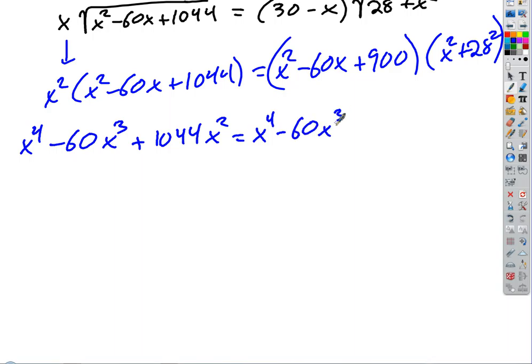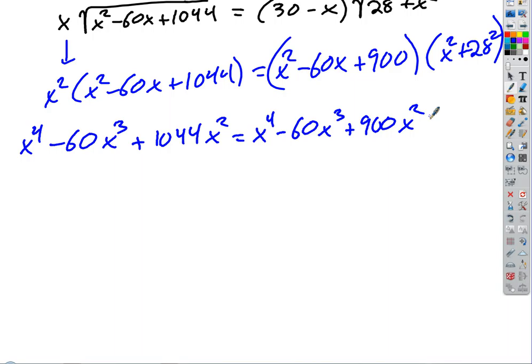Well, that's good, we get some stuff canceling. Plus 900x squared. What is 28 squared? I don't want to really think about that. What is that? 20 and 20 is 400, right? You can't just add them together. What is it again? 784.